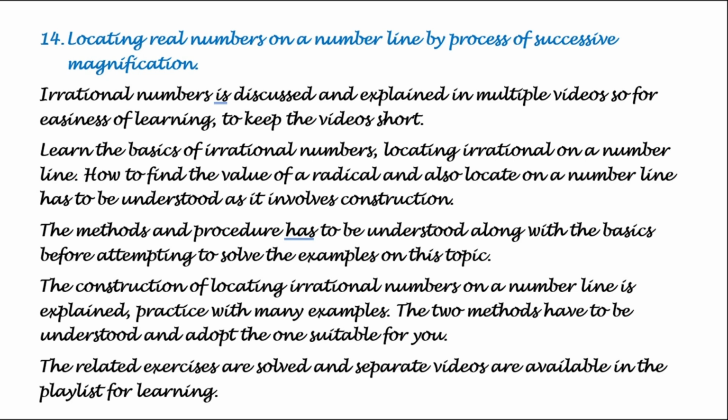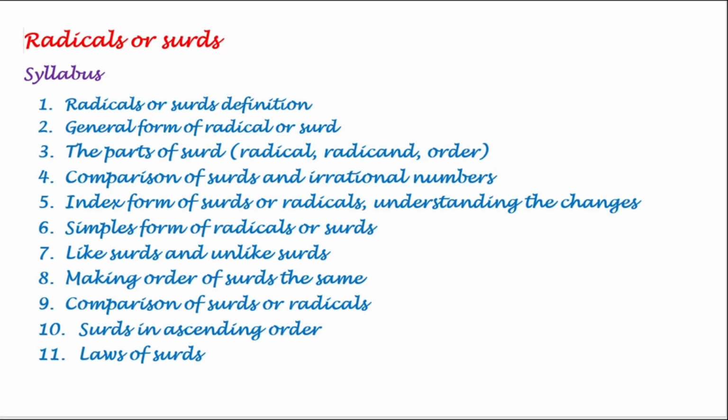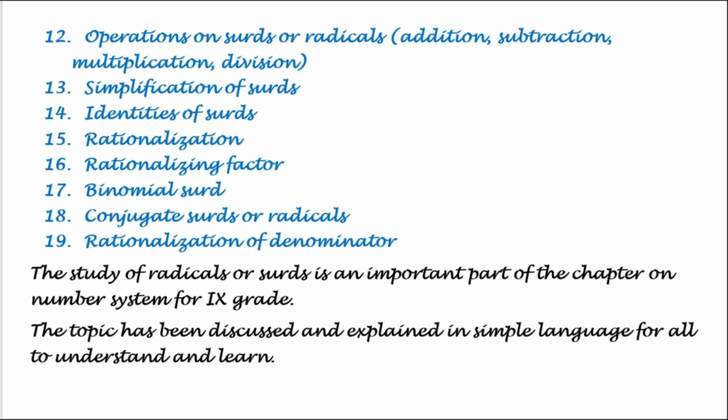The related exercises are solved, and if they are not put in the playlist, they will be put in the playlist. The next important title is the radicals and the surds, a very important part of the number system chapter. And here I have the syllabus, 11 points, and we have up to 19 points rather.